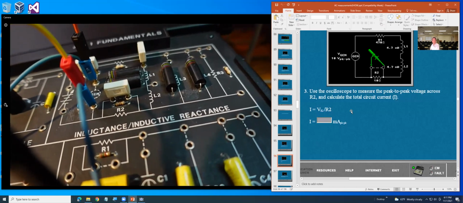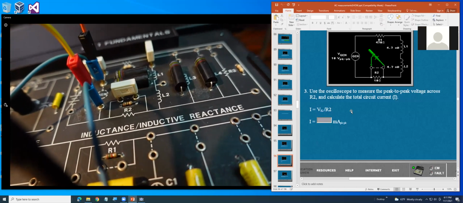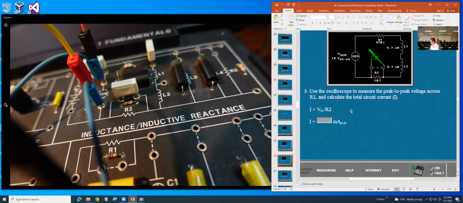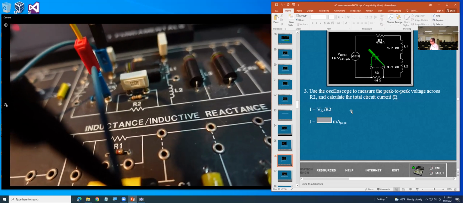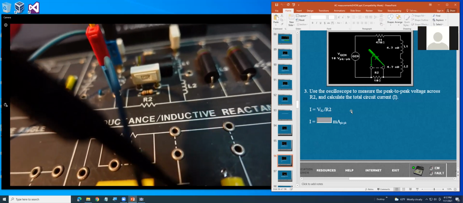That's okay right now, right? Yeah, that looks fine. Now, how can we keep it stable?